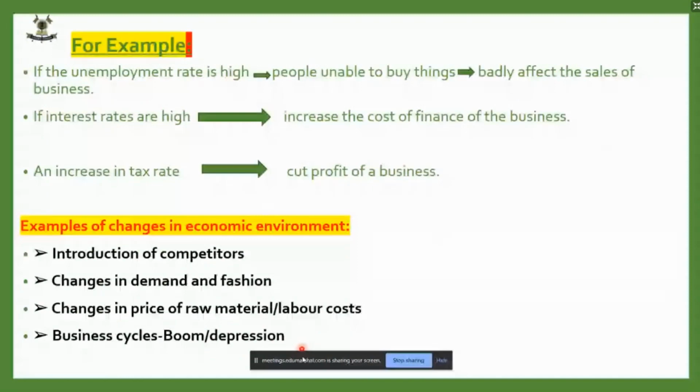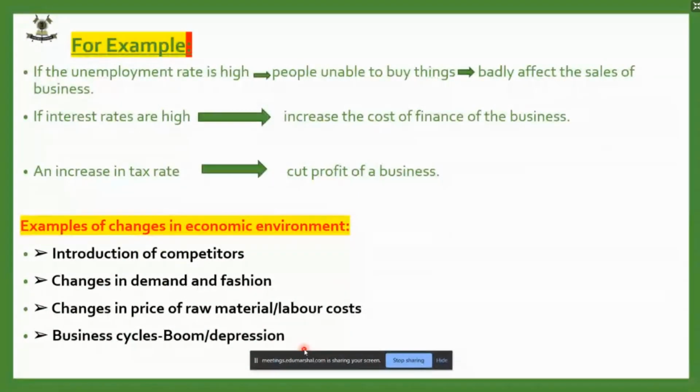Boom period is a positive period where everything is flourishing, everything is positive. We say ki mitti bhi sona banti hai. That is the boom period. You can sell everything, the whole market is booming with people buying and selling things. Depression period is when people do not have that much money.